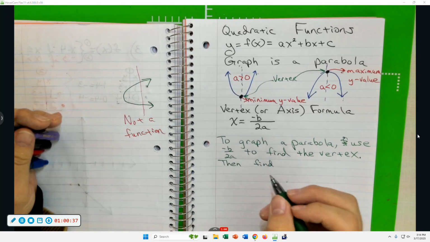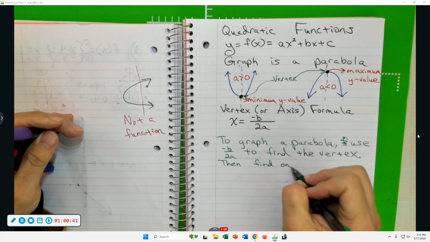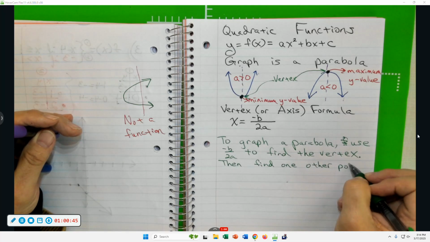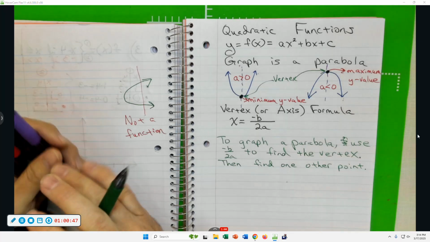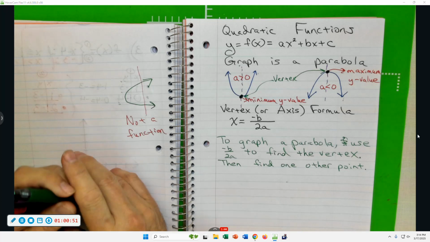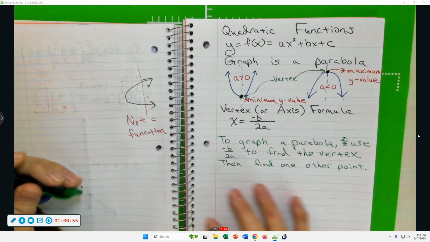You'll have to choose the x value yourself that you want to plug in. Then find one other point. That's all you need to use the quadratic graphing tool that's built into this homework assignment.